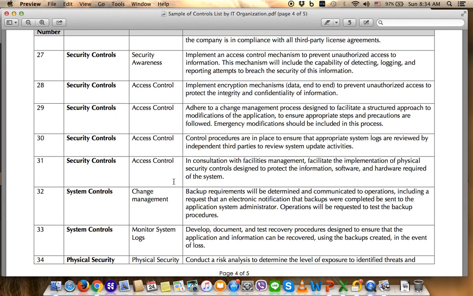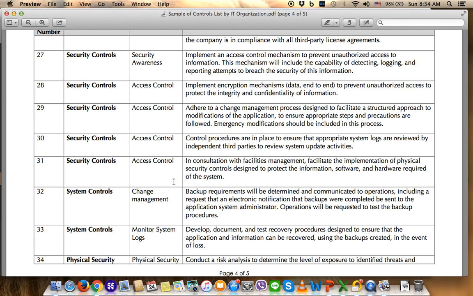So the next is security awareness to implement an asset control mechanism to prevent unauthorized access to information. This mechanism will include the possibility of detecting login and reporting attempt to break the security of this information.